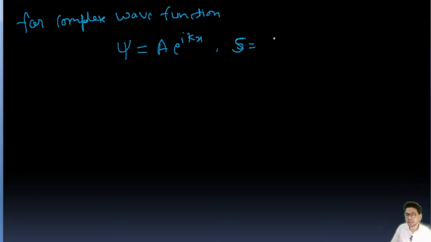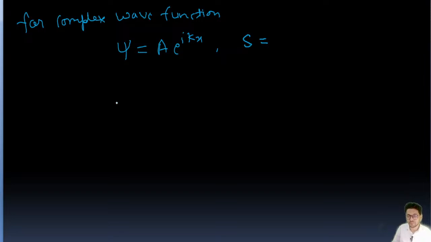So for this S, the probability current density, this is the formula for probability current density. Please watch my previous lecture where I was discussing step potential. In between, the class ended because of a technical error. This is the second class, wherein I started with probability current density.